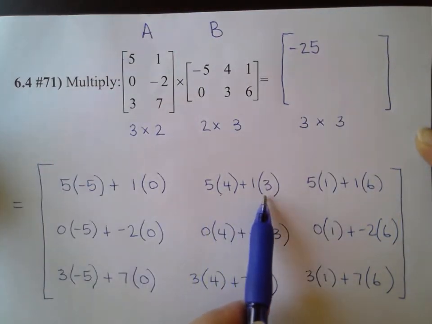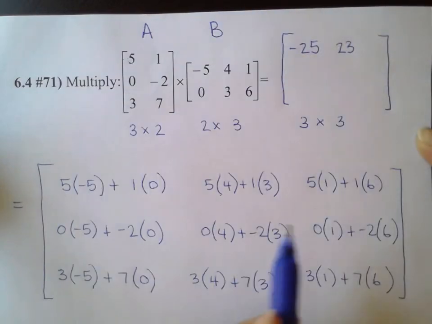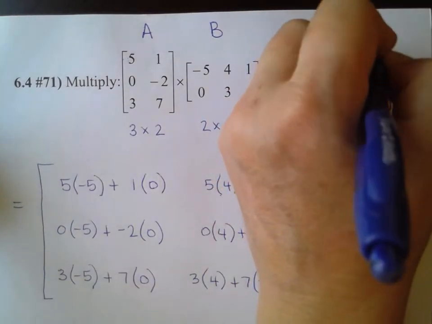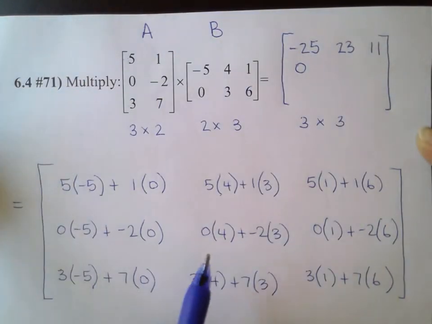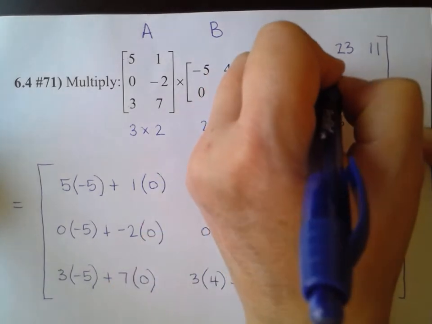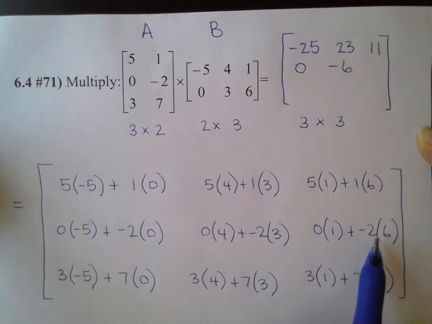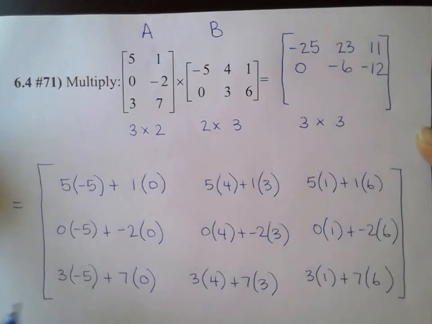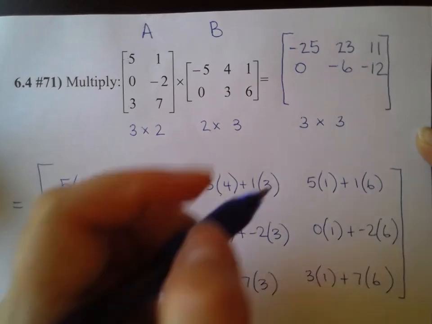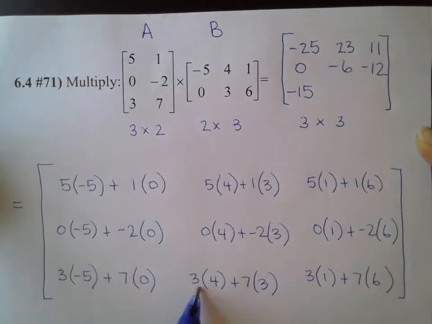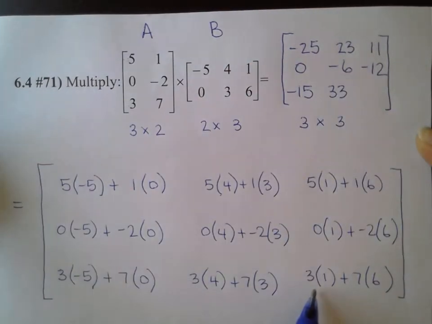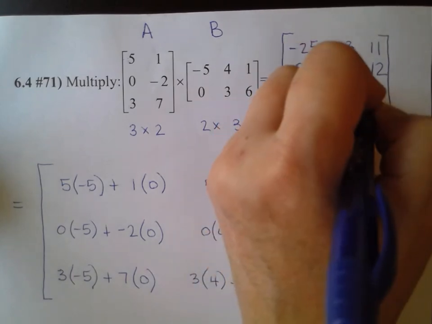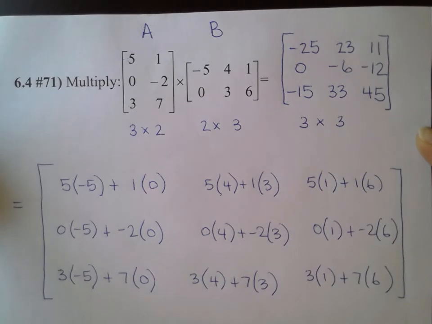This will be 20 plus 3. 5 plus 6, and then 0 plus 0, 0 minus 6, 0 minus 12, and then negative 15 plus 0, 12 plus 21 is 33, right? 3 plus 42. Okay, notice we got a matrix that's 3 by 3 as a result.